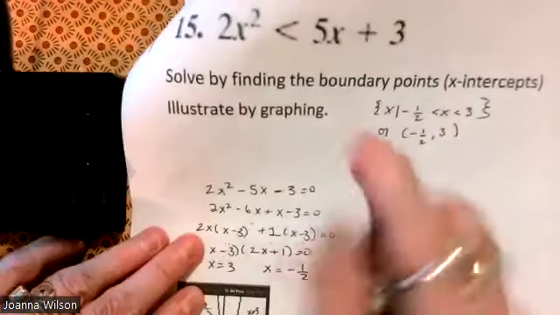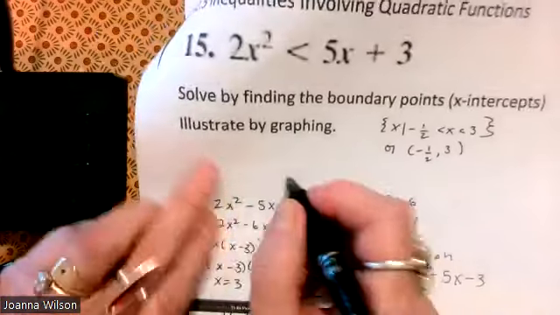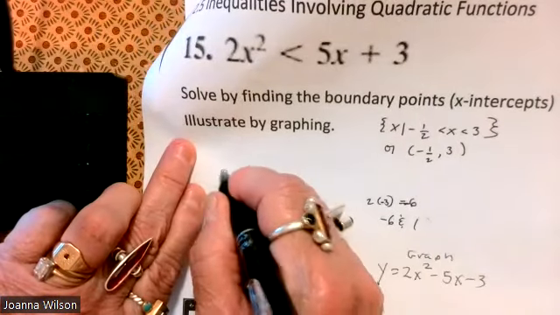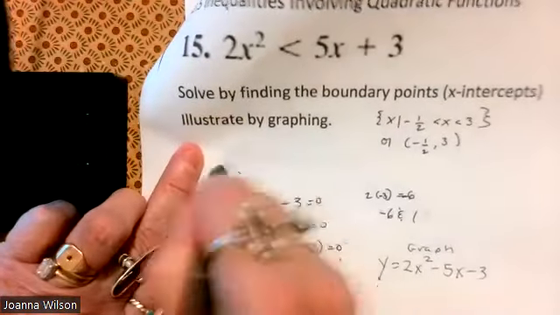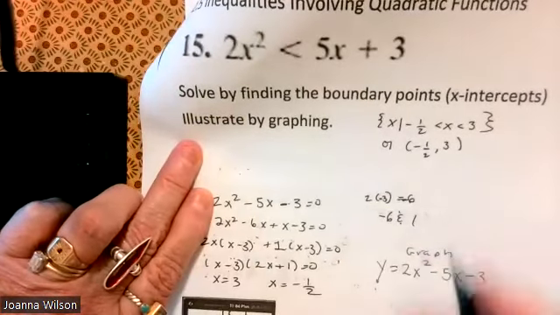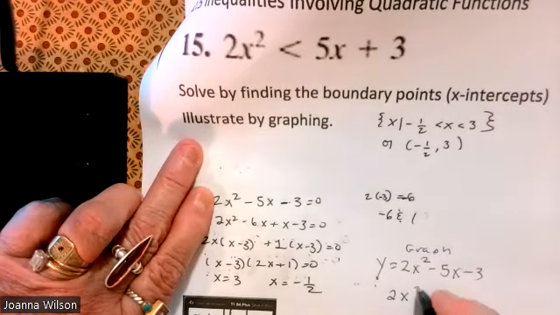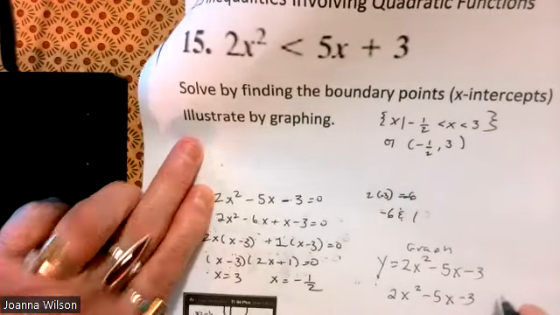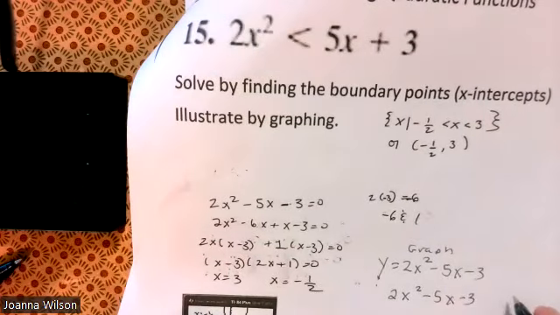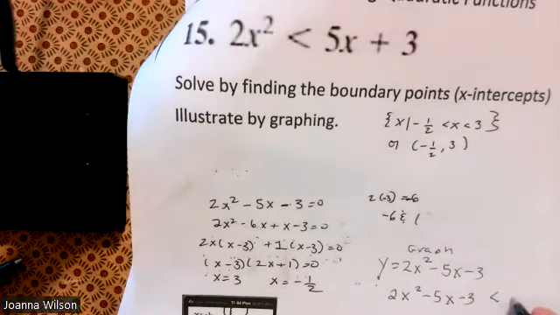Now, it asks, what it's asking is, when is 0 less than, or no, let's do it the other way. When is this function 2x squared minus 5x minus 3, when is it less than 0?